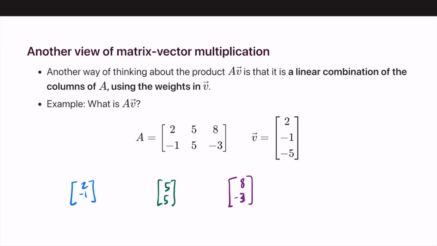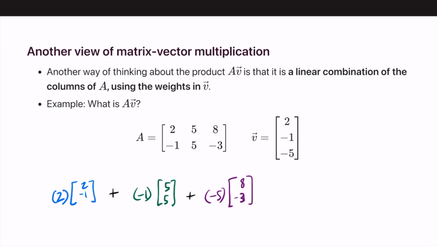And then we have these values over here, 2, -1, -5, which come from the column vector V. I suppose I should have just done this from the beginning. Okay, and then we're going to add these.